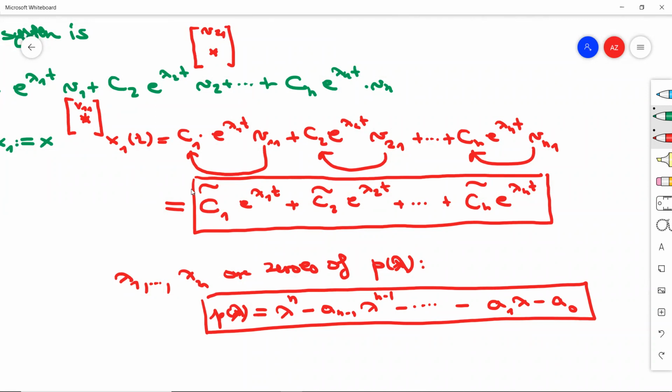We used systems to show that every solution of our differential equation of higher order is of this form. And this is the only part where we need systems, because now that we know the form of the solution, we only need to determine the zeros of our polynomial.